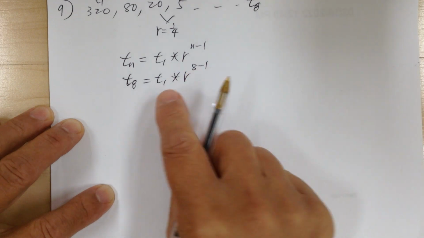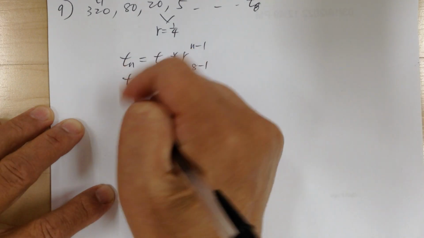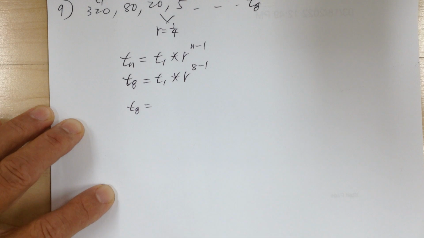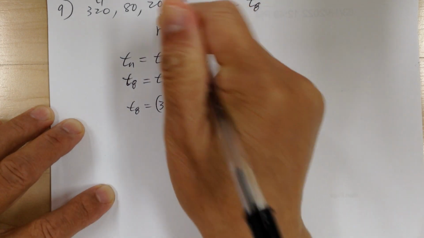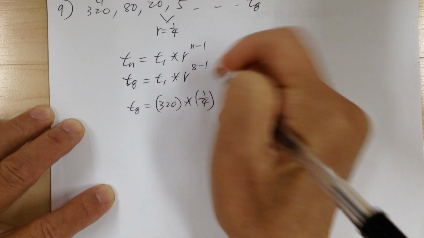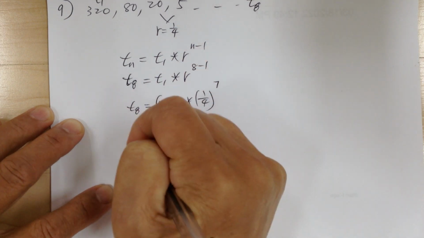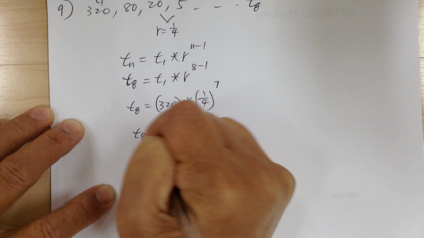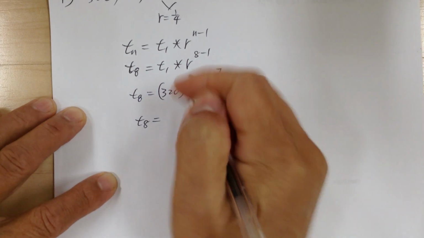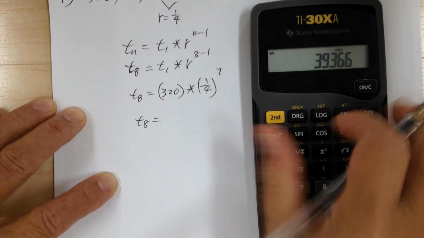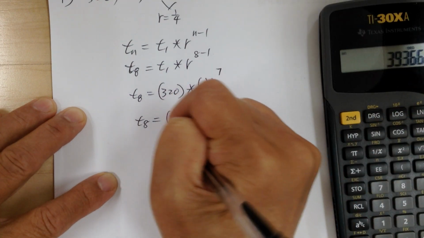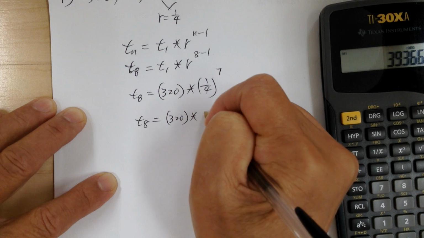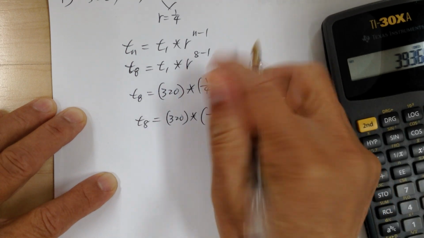Okay, now you can put your T1 and your R in there. Do a little bit of substitution at a time. So T1 is 320, R equal to 1 over 4, and 8 minus 1 is 7. So T of 8 equal to, okay, now over here you don't want to use 1 over 4 to the 7. What you want to do is this: 1 to the 7th power, 4 to the 7th power.